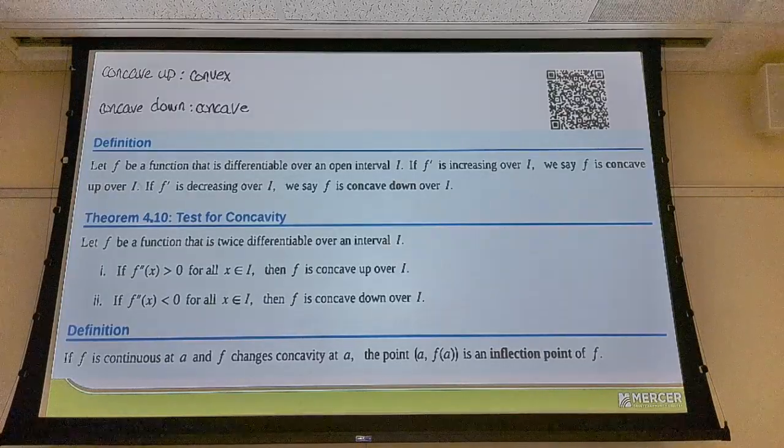But you never were really asked for intervals. Even if you're given a graph, it's really difficult usually to find a point of inflection just from a graph. So at what point does it switch concavity? Usually it's about halfway.